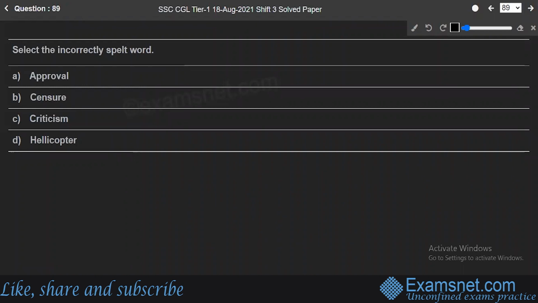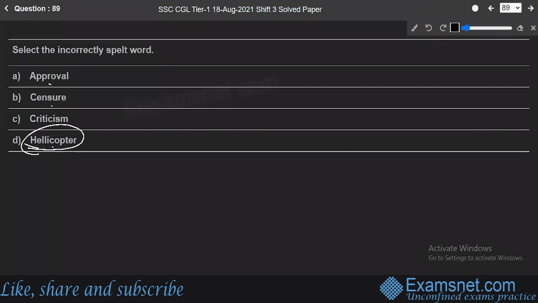Select the incorrectly spelled word of these: approval, censure, criticism, or helicopter. The spelling of helicopter in this question is incorrectly spelled. These are the correct spellings of helicopter. And you know what a helicopter is?